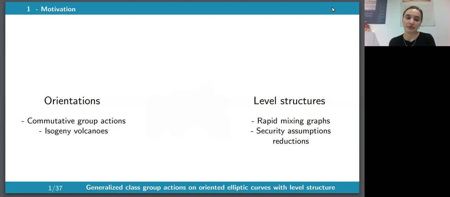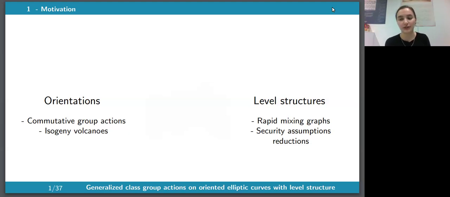So for example, they allow us to have commutative group actions in the supersingular setting as well. And we also find, again, volcano-like structures in the isogeny graphs of oriented supersingular elliptic curves.